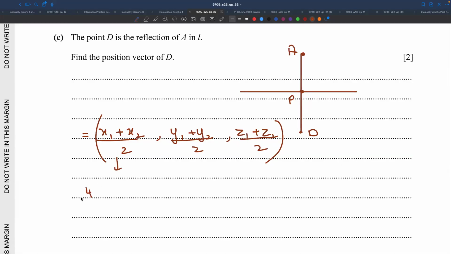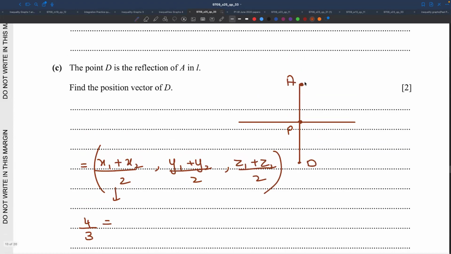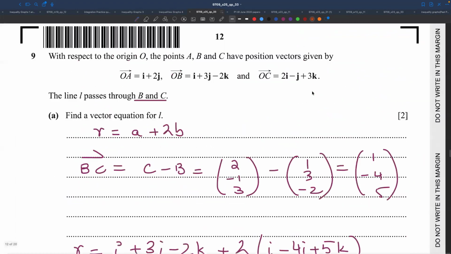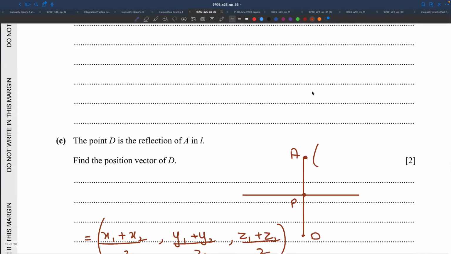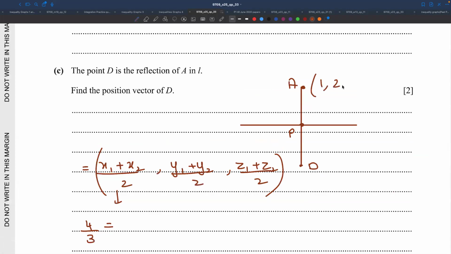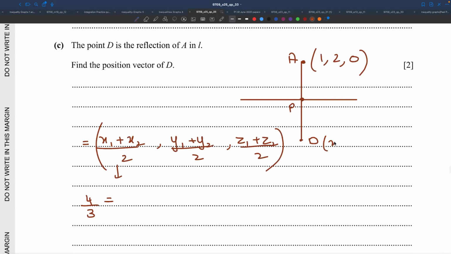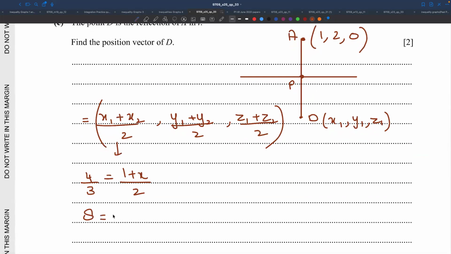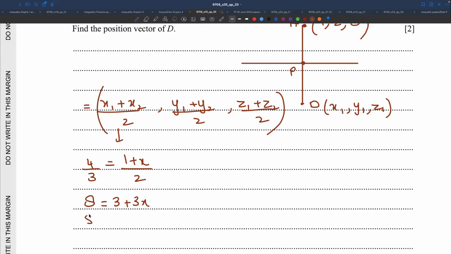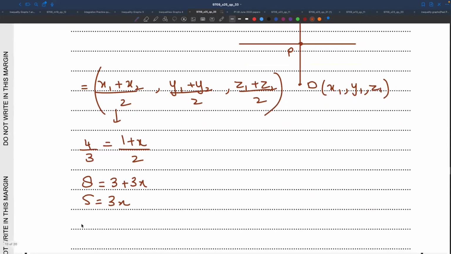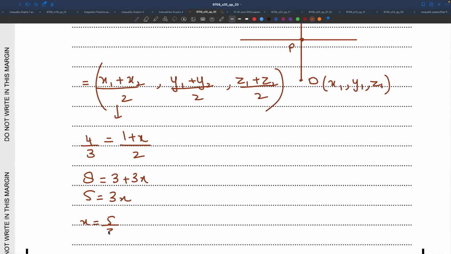So you will write 4 upon 3 is equal to, what are the coordinates of A? 1, 2, 0. And this point, I don't know, x1, y1, z1. So 1 plus x1 upon 2. Cross multiply, 8 is equal to 3 plus 3x. 8 minus 3 is 5. So x would be equal to 5 by 3.